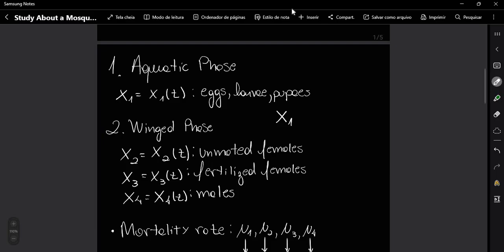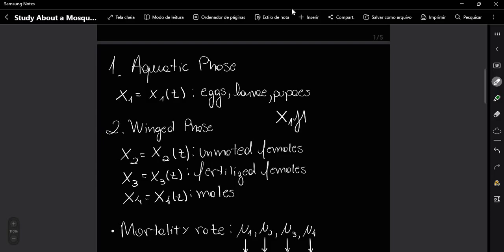Some of them will mate, some will not, and the rate which represents how they pass through this aquatic phase to the winged phase is the gamma rate. So we multiply x1 by gamma, and some of this population manage to pass through this aquatic to the winged.